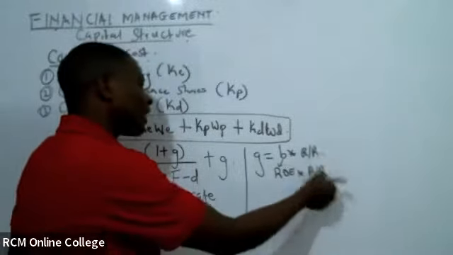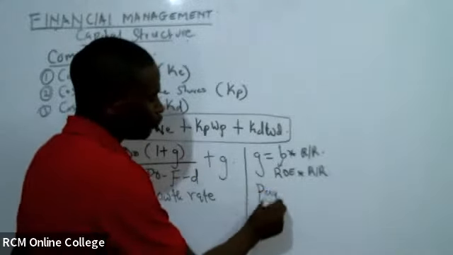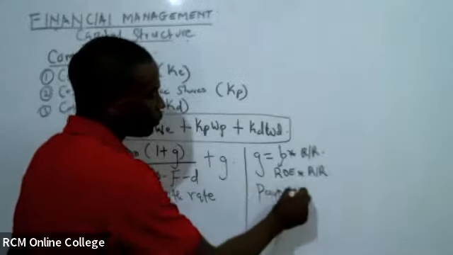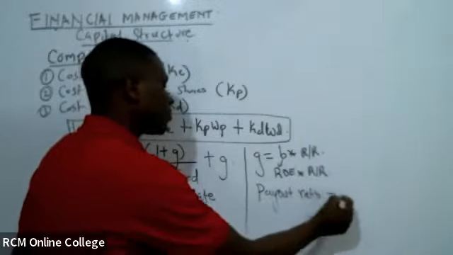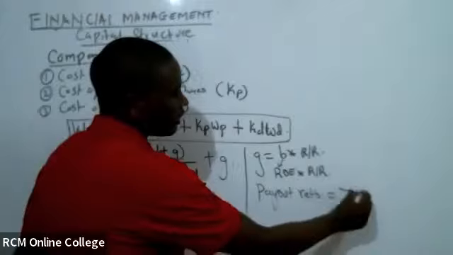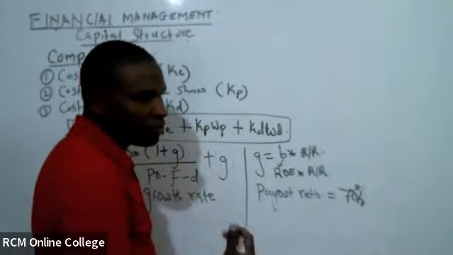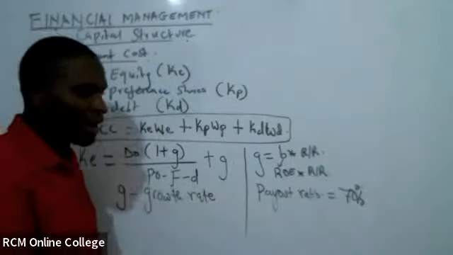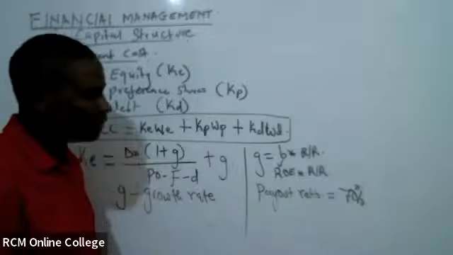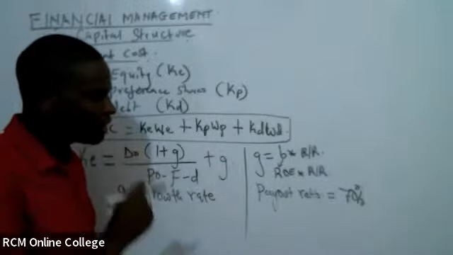So how do you arrive at your retention ratio if you're given the payout ratio, or rate, as maybe you can say 70%? 70% is the dividend payout ratio. What will be the retention ratio? Let me get this from you. I want us to get this closer until we get to the point. What will be my retention ratio?